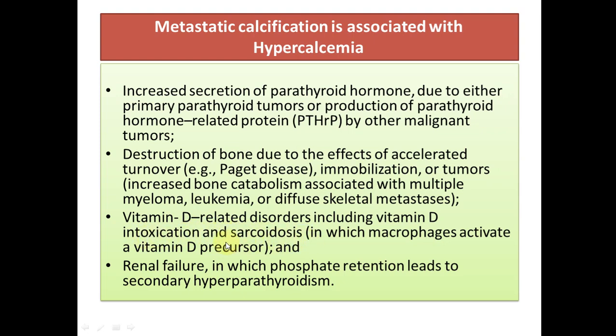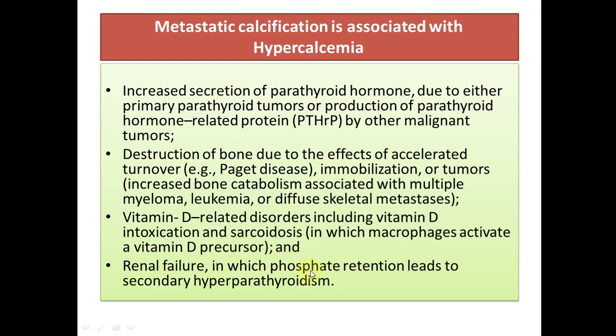And sarcoidosis, which is thought to be an autoimmune disorder: in sarcoidosis the immune cells, macrophages, activate the enzyme alpha hydroxylase, and this alpha hydroxylase converts the inactive form of vitamin D into its active form, calcitriol, and we know that calcitriol will increase blood calcium level by increasing the absorption of calcium from the gastrointestinal tract.